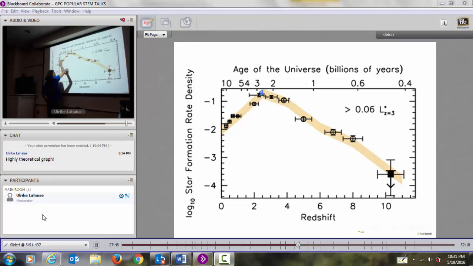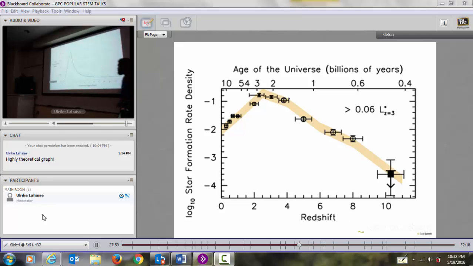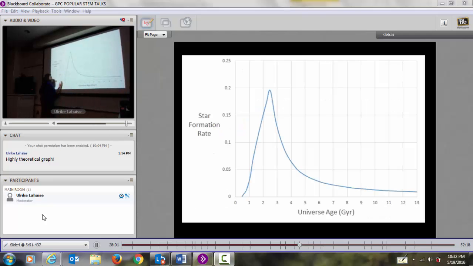So this graph has a bit of an odd axis, but what I've done is I've taken points off of this fit curve and I've made a more viewable graph. So here we go. Here's the beginning of the universe, and these are billions of years. So we're just off the end of this axis here at the present day.